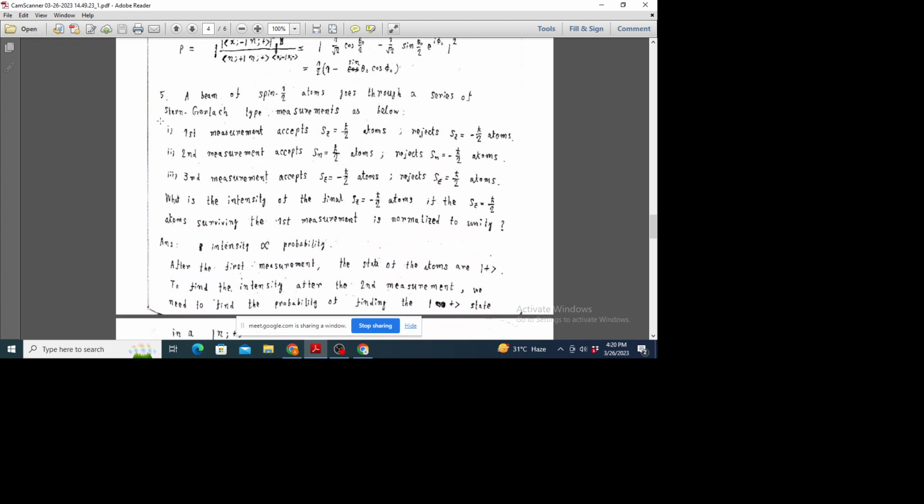As is given in the question, the first measurement accepts Sz equal to h cut by 2 atoms and rejects Sz equal to minus h cut by 2 atoms. Another thing is that we shall do all the analysis in the Sz eigenbasis.